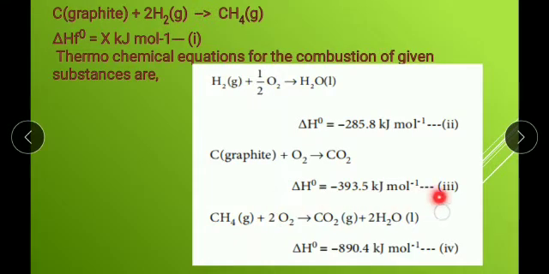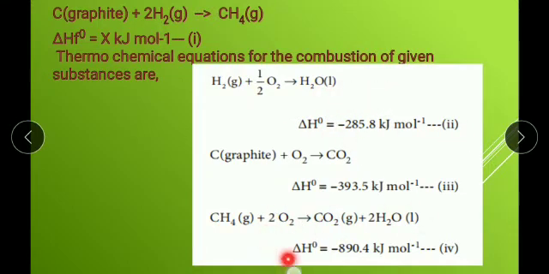Why did we calculate the formation of water and CO2? Because the combustion of methane gives CO2 and 2H2O. So we calculated the formation of water and CO2.